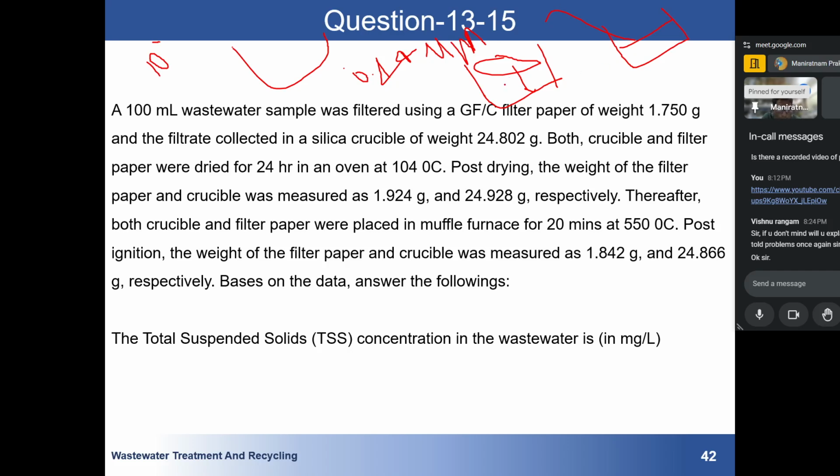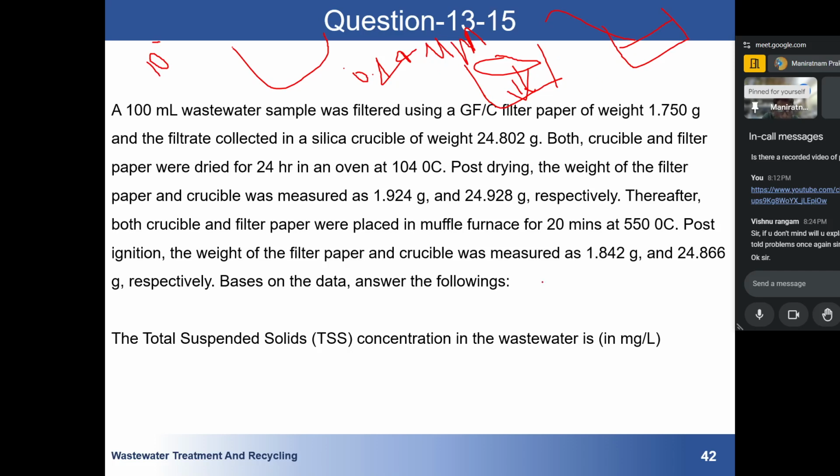So we pass this water, and now the suspended solid which is there will remain on the surface of this filter, and all the dissolved ions will go to the bottom of this equipment.